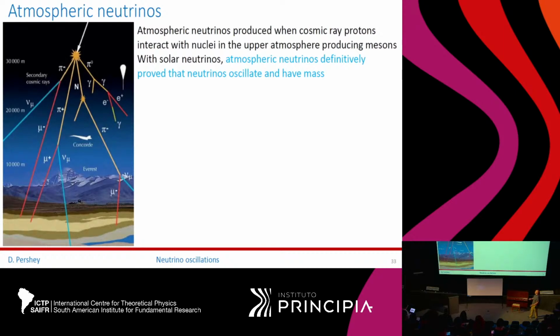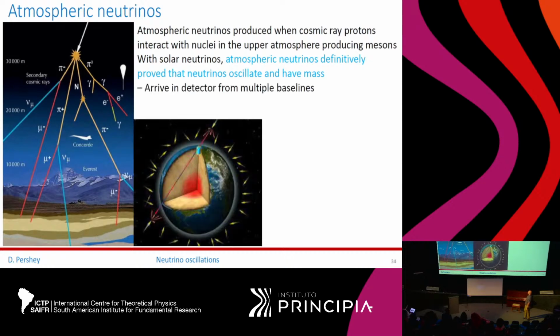These are just produced by showers in the upper atmosphere. Protons hit nuclei in the upper atmosphere, make pions, which decay and give you muon and electron neutrinos. This is the other sample that proved that neutrino oscillations exist, mostly with the Super-Kamiokande experiment.